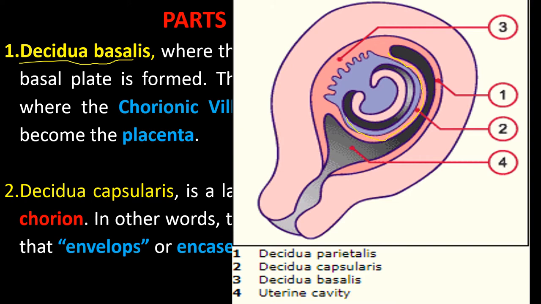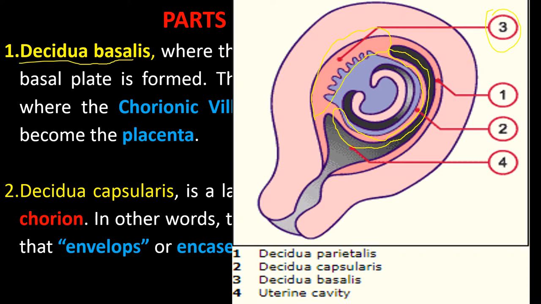This part here is what we call the decidua capsularis. Coming from the word capsule, it encapsulates the growing fetus. However, number 3 here is decidua basalis. This is the part of the decidua where the chorionic villi get implanted.